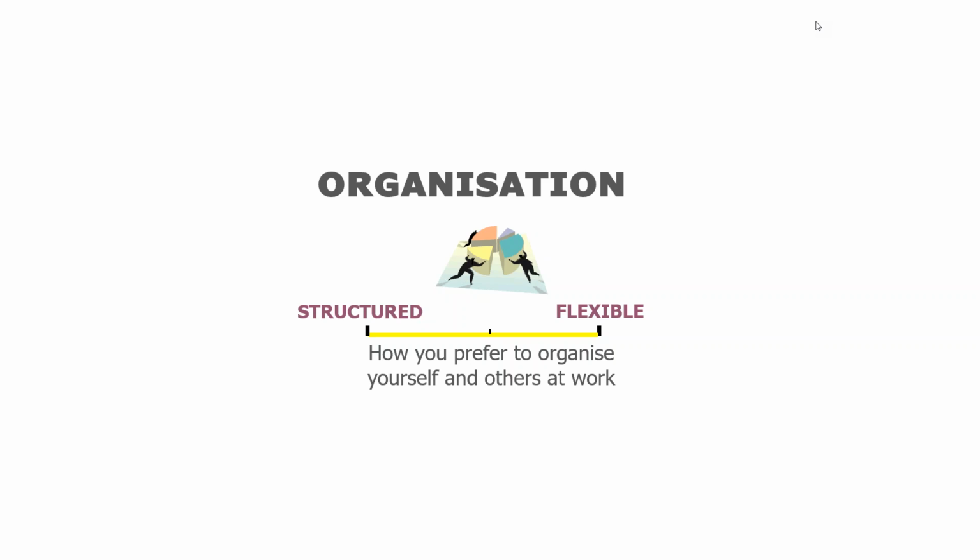People who are highly structured will have a tendency to have agendas at meetings, and would like to book in times for meetings, and people who are highly flexible will be very adaptive and dynamic in the way they operate and have a lot of corridor meetings and do things very much on the spur of the moment.